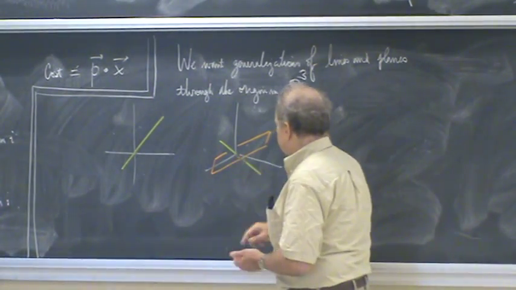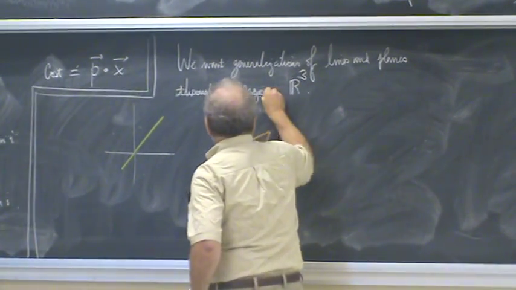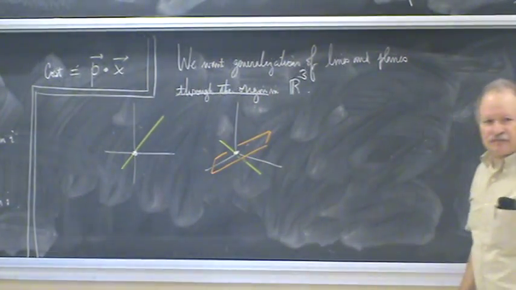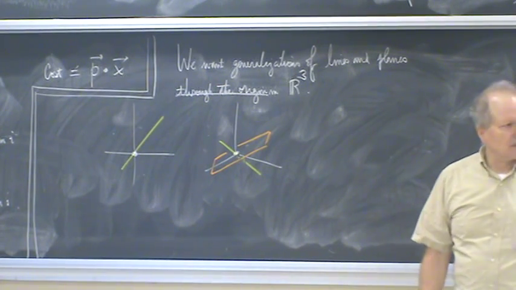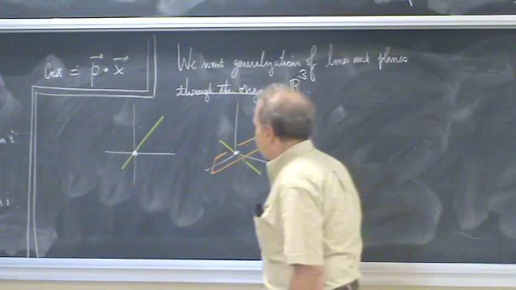Zero vector. So because they go through the origin, the zero vector is always in such a thing. A vector perpendicular to either the plane or the line. Well, okay, like a normal. Right.